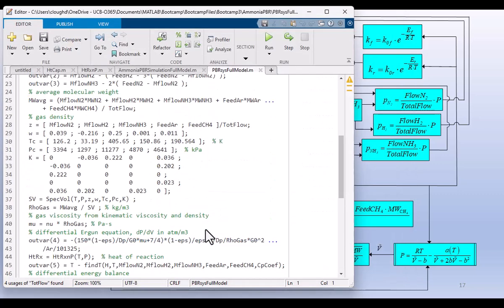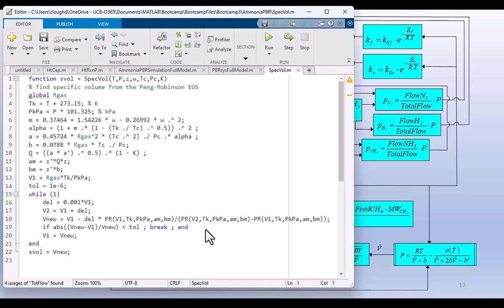SPECVOL. And you'll see why it's so important here to break this down and modularize it into separate, smaller functions that we can look at and we can debug separately. If we try to put all of this into a single code, it's going to be unmanageable. So what we're dealing with here essentially is solving the Peng-Robinson equation for the specific volume.